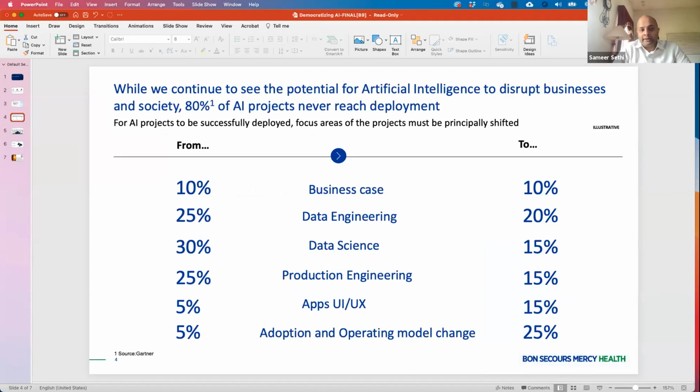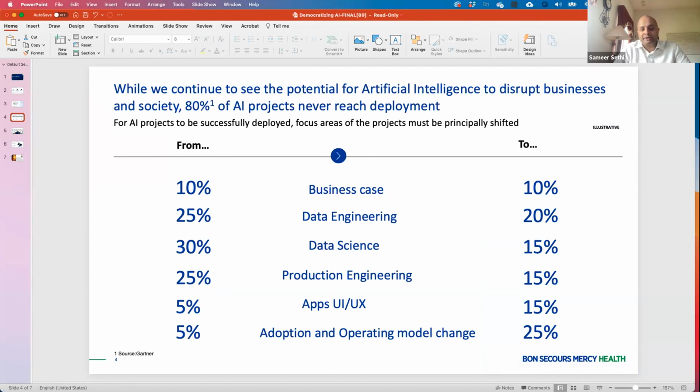While we are encouraged by the potential of AI, considering our mission and the nonprofit posture that we have, we pay a lot of emphasis to make sure that these programs and projects are set up for success.